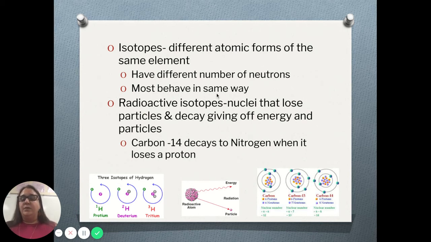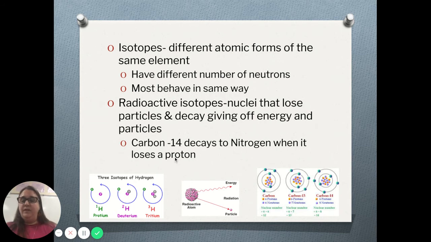Most of the isotopes will behave in a way that's similar to the original element, but sometimes they behave differently. Radioactive isotopes are those that can lose particles and decay and give off energy as they decay. So carbon-14, which is carbon but with a couple extra neutrons, decays to nitrogen when it loses a proton.